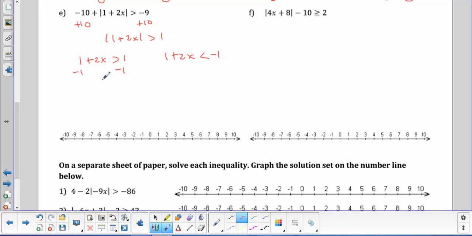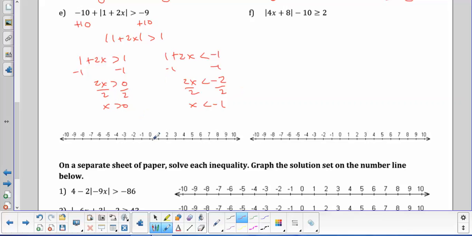Let's subtract. We get 2x greater than 0, divide, x greater than 0. Over here, same procedures, just different numbers. Okay, we get 2x less than negative 2, divide, x less than negative 1.